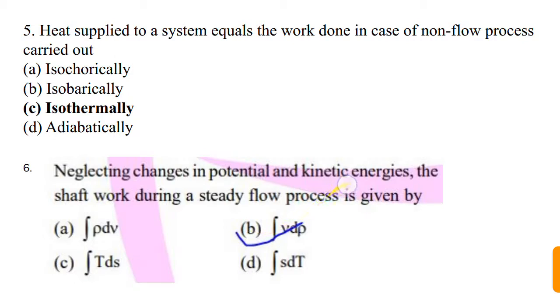So remember, I did not tell you about shaft work, so please remember this: the work done during a steady flow process is given by the integral of VdP. So please remember this formula. Option B is the correct one.